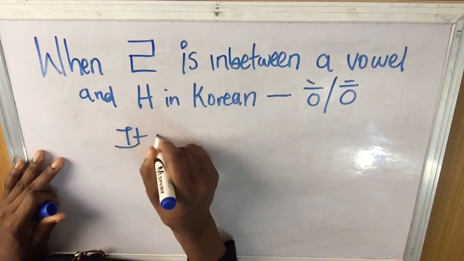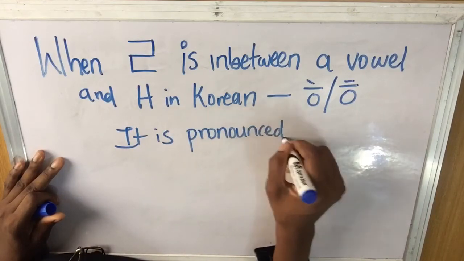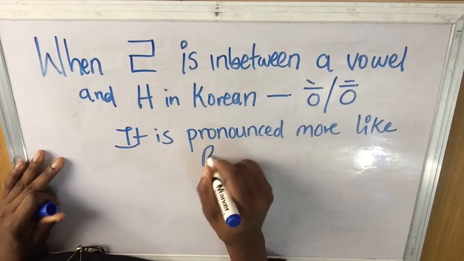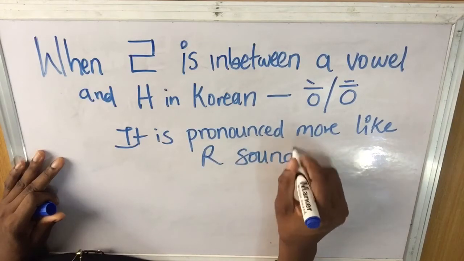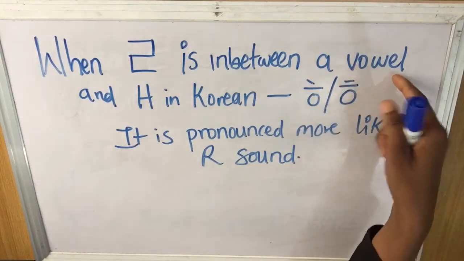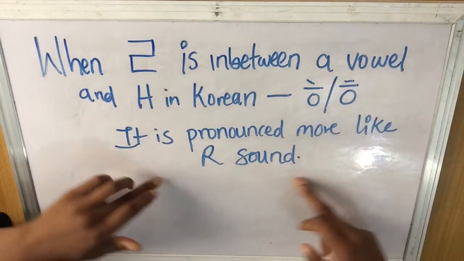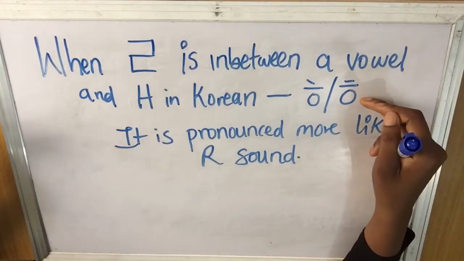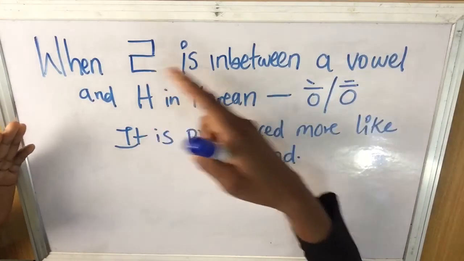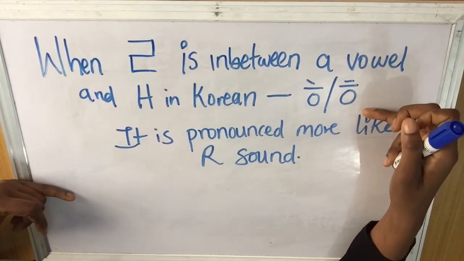It is pronounced more like an R sound. So, if it's found between a vowel and this H sound, it's pronounced like an R. If you want, you can categorize H along with vowels, like in the last rule where re was in between a vowel and another vowel. So this one is vowel and H sound.